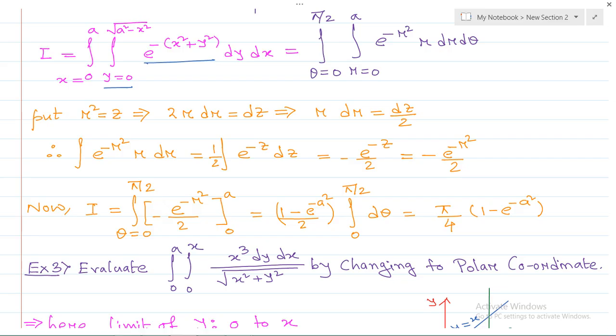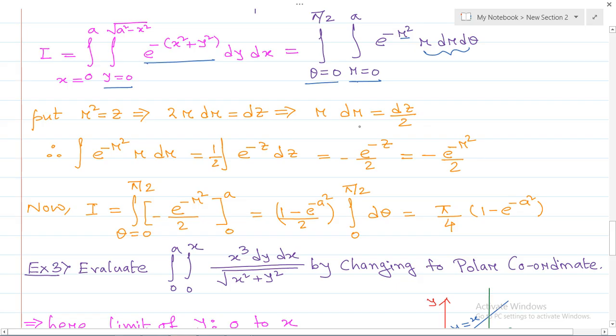I have made that clear in the first video lecture of this session. So theta equals 0 to pi by 2 and r equals 0 to a, e power minus of x square plus y square becomes r square, and dy dx is replaced by r dr d theta.